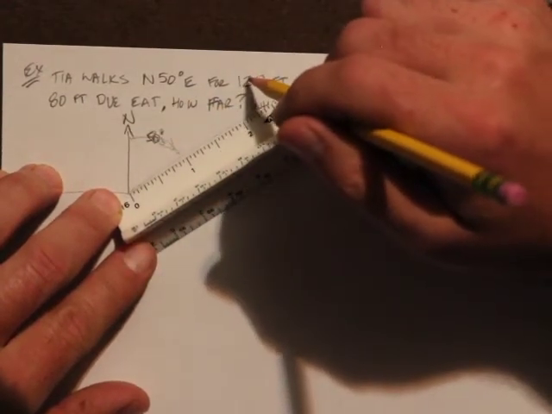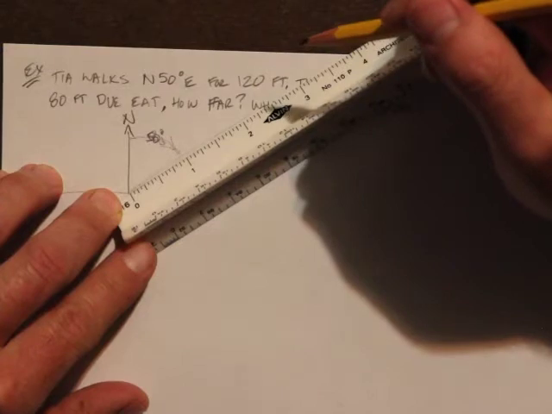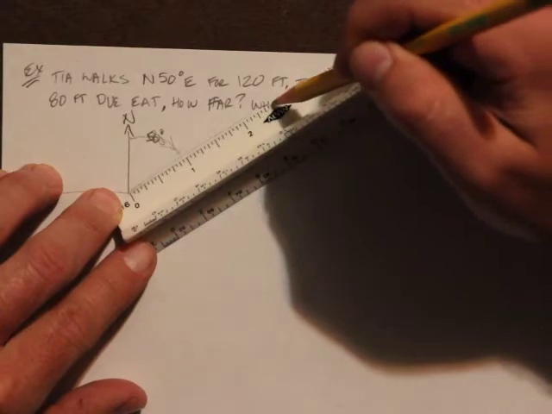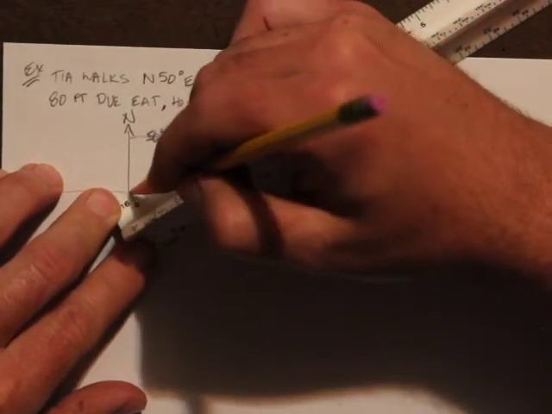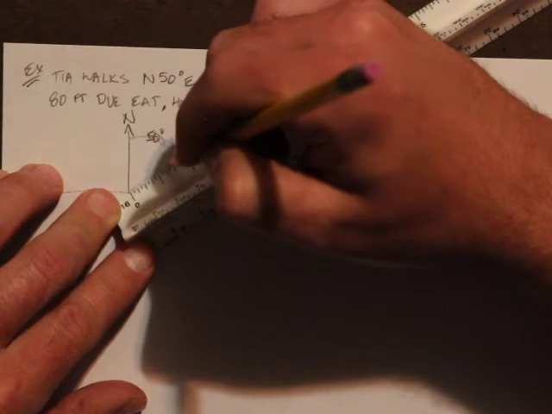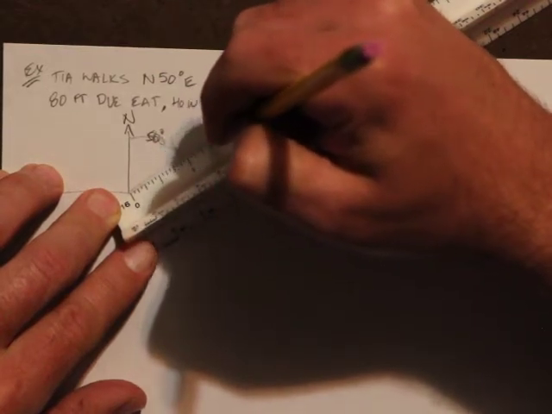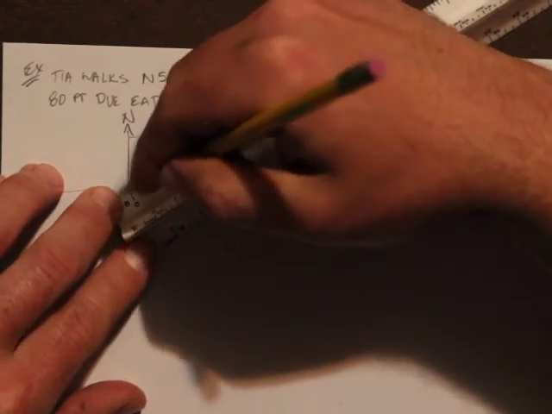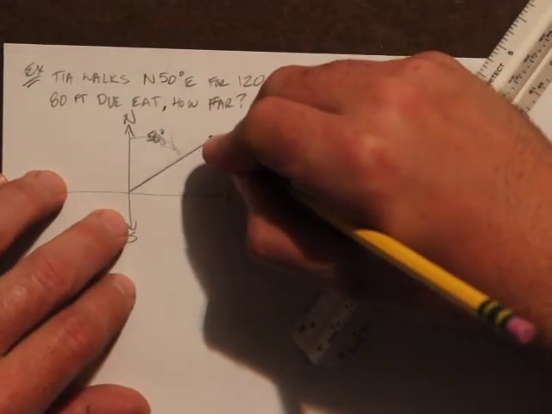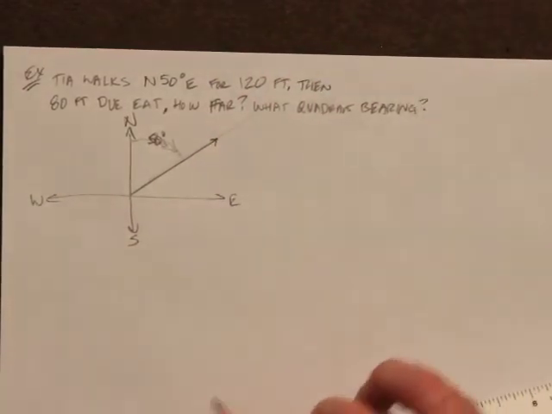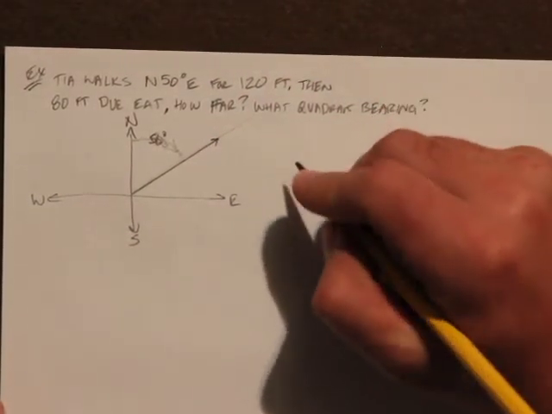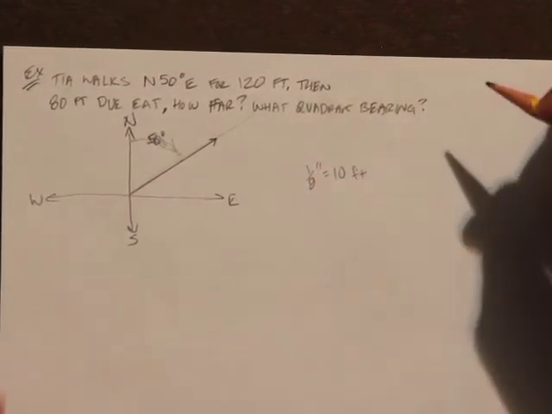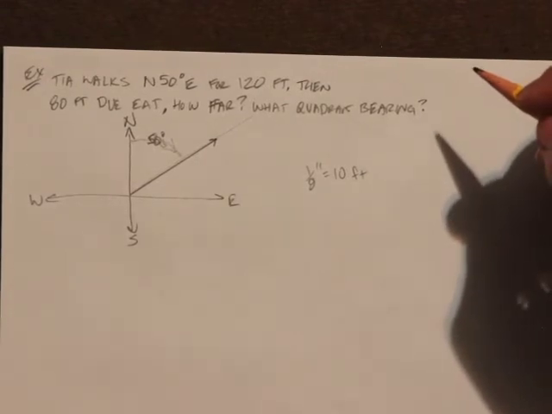I should give myself more space here. So I need to go 12 of those. 1, 2, 3, 4, 5, 6, 7, 8, 9, 10, 11, 12. There's my spot. There's my first vector, and I need to write down 1/8 of an inch equals 10 feet.